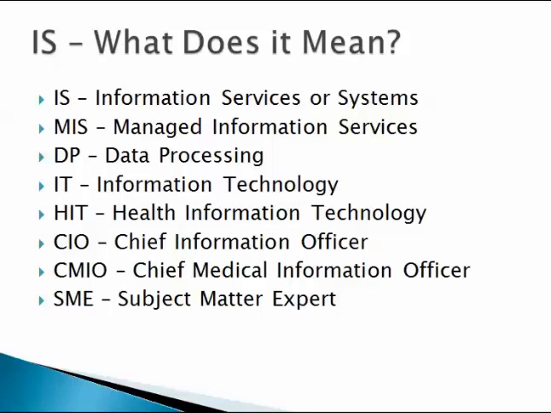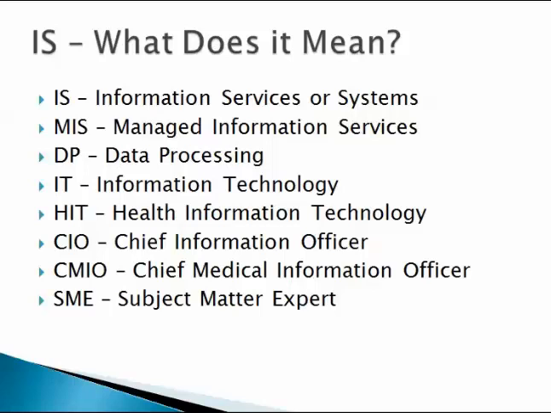MIS, another term you'll see as a MIS department, is Managed Information Services. DP, or data processing, again, just another term. Sometimes you see it as an IT department, sometimes it's an IS department. IT now stands for Information Technology. HIT, which is now becoming more prevalent, is Health Information Technology.